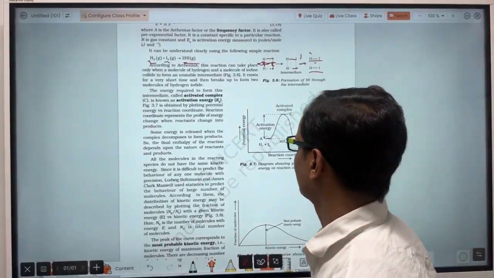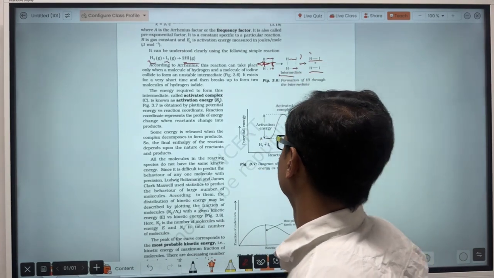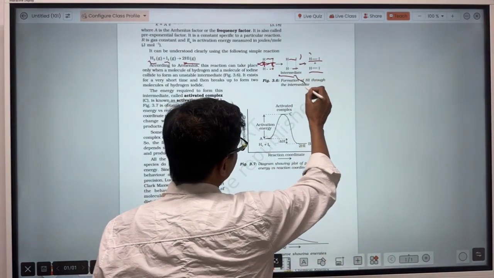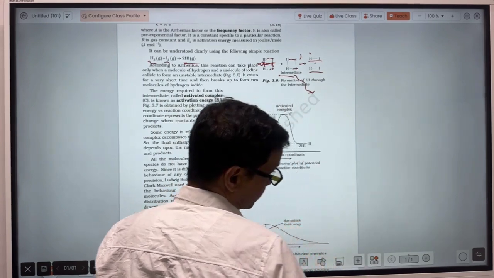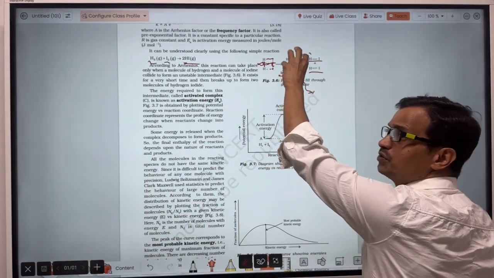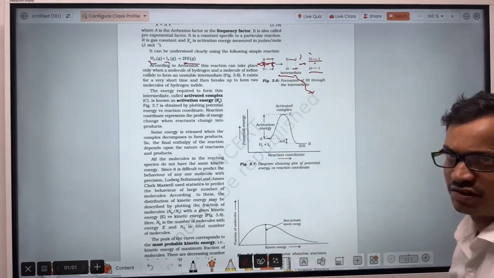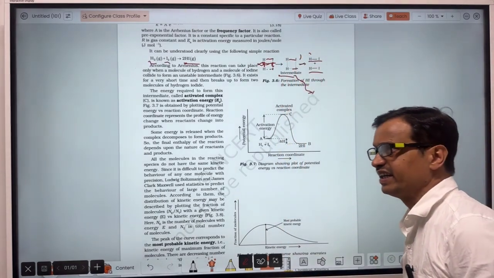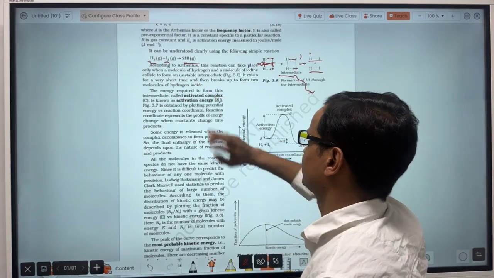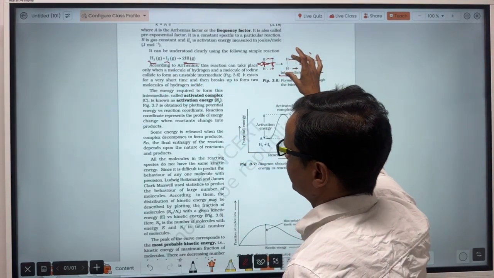That stage is called the intermediate stage or intermediate complex. During a chemical reaction, the species formed whose half-life period is very small is called an intermediate. It forms for a short time period.